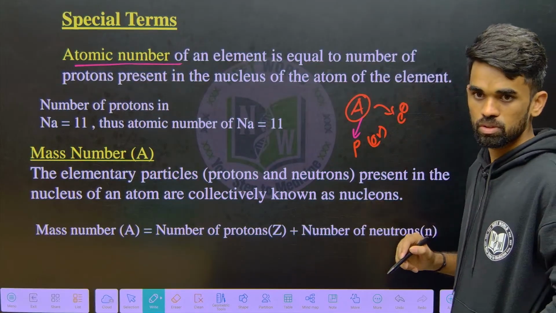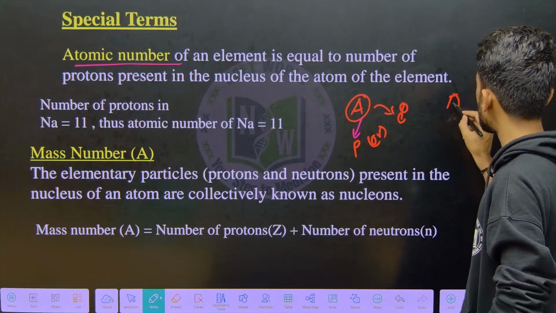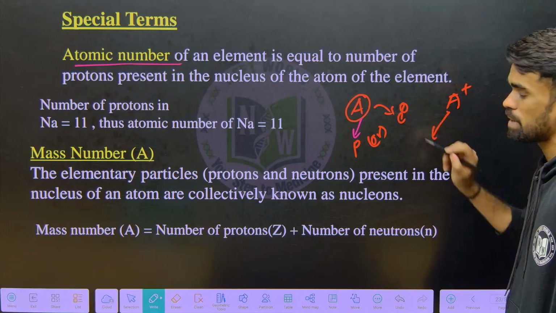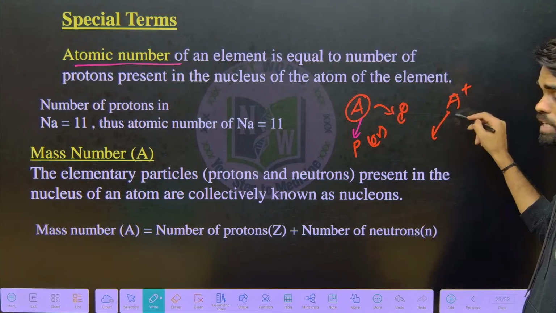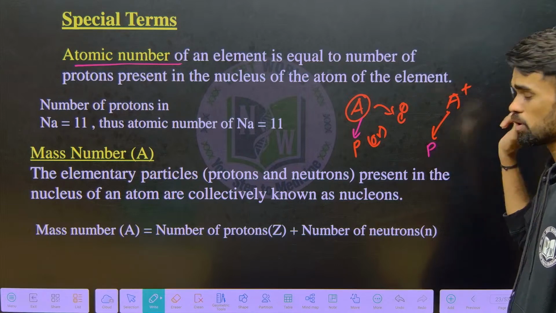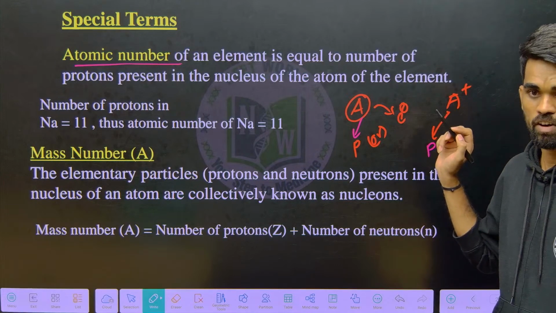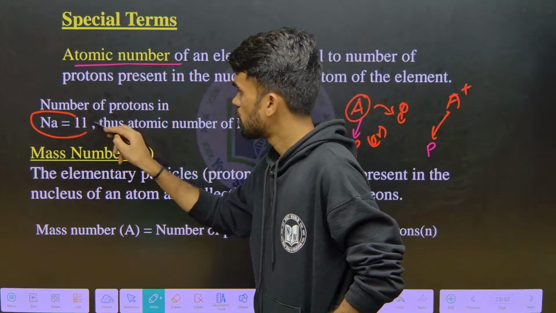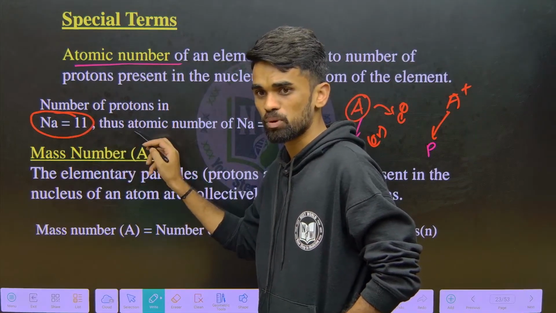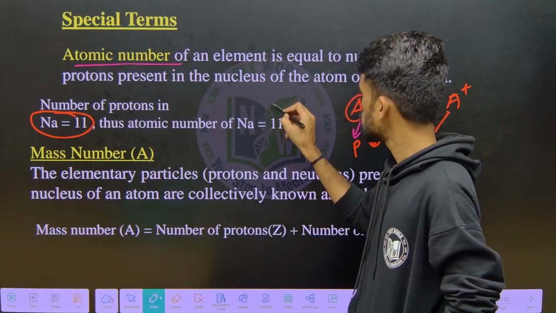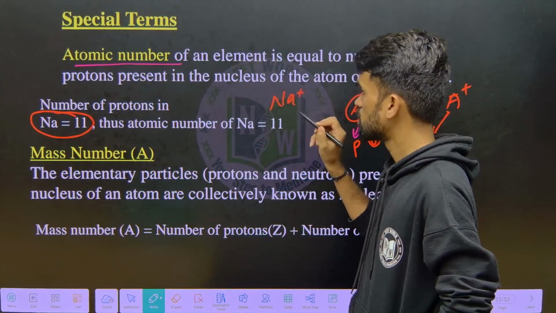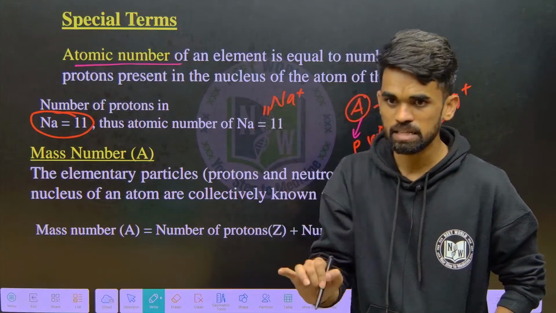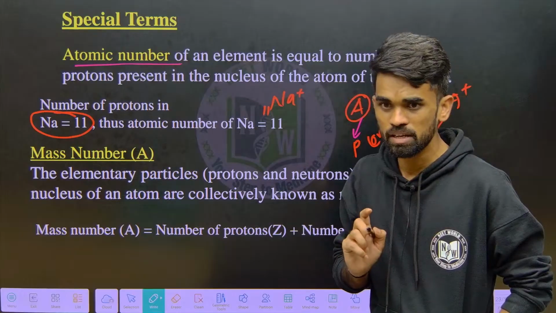But in the case of ions, like Na plus, you should not say it equals the number of electrons, because an electron is removed. In this case you should say only the number of protons. That is the standard way. For sodium, 11 means it has 11 protons and 11 electrons. For Na plus, the atomic number remains the same. The number of protons remains the same, but only electrons take part in chemical reactions.